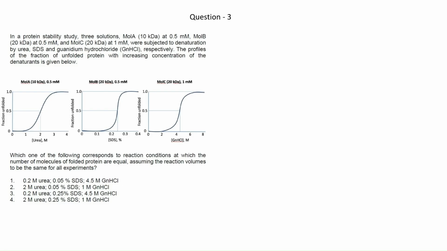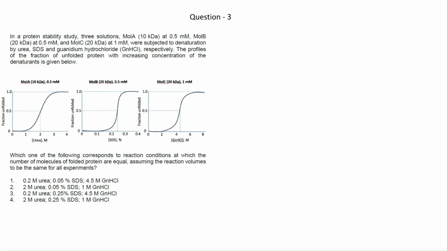And for third protein, mol C, with the guanidinium hydrochloride as a denaturant, at 4.5 molar concentration, half of the molecules are unfolded.